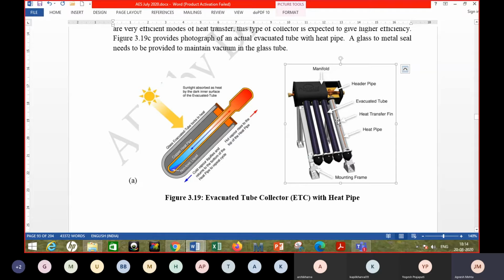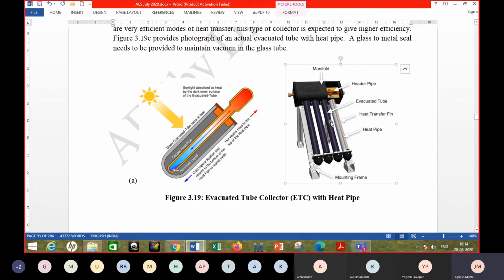And you can also see the fin, which is most of the times an aluminium fin, a circular shape aluminium fin. And this assembly is actually inserted into a double glass evacuated tube, which is not shown here, so that you are able to see the inner details.